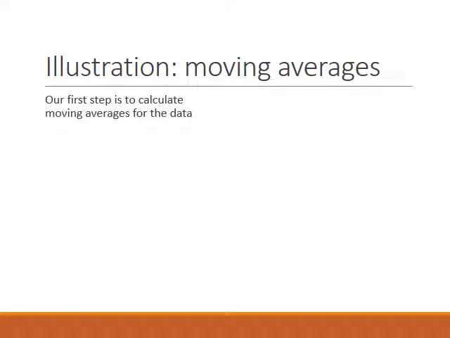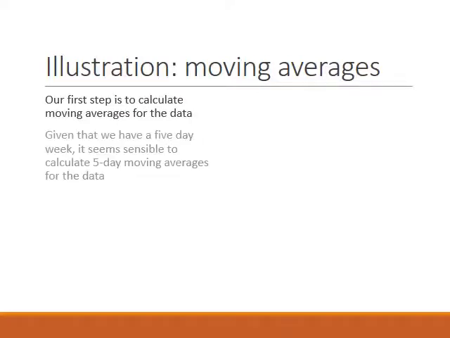Now the first thing that we're going to do with this data is to calculate the moving average for the data. At this point we've got to decide whether we're going to be making a 2-day moving average, a 3-day moving average, a 4-day moving average, and so on.